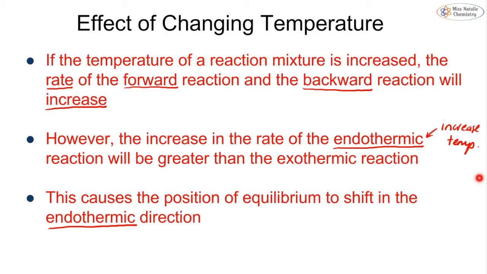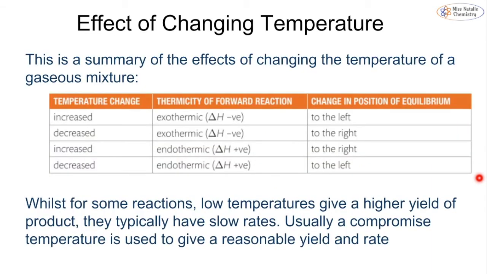The opposite would then be true if we were decreasing the temperature: it would be a greater increase in rate in the exothermic reaction. We're always going to be looking at the forward reaction when it comes to whether it is exothermic or endothermic.